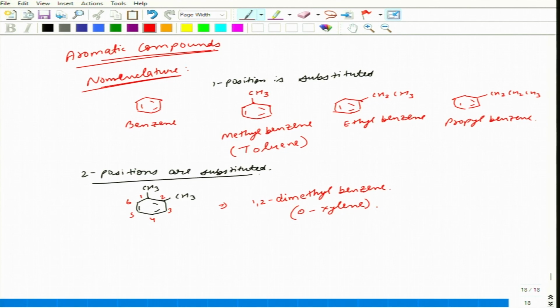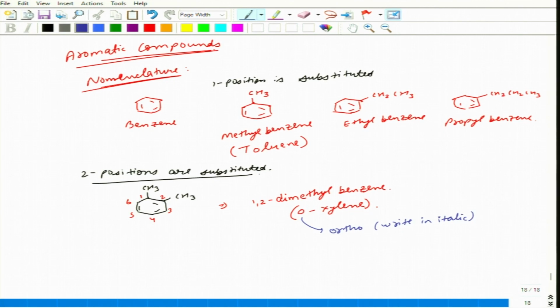This ortho is written in italic. This is known as ortho. This is orthoxylene, common in India.